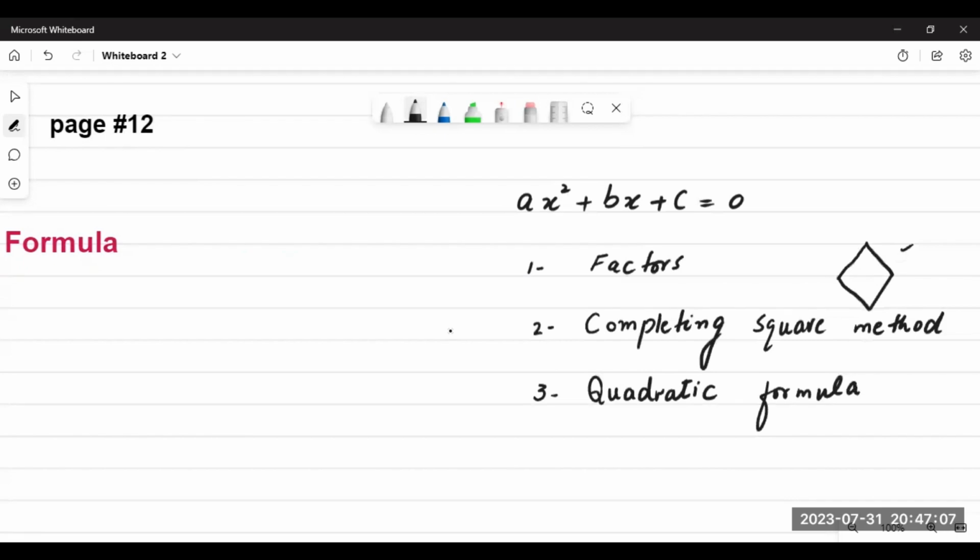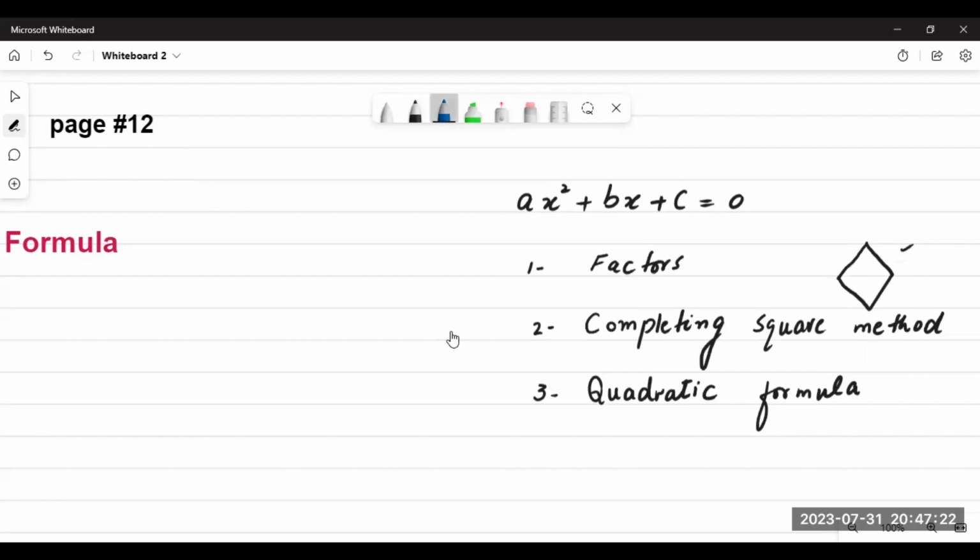Why are we using the quadratic formula? We usually use it whenever the quadratic equation or the quadratic expression cannot be factorized easily. At that time, we go for the quadratic formula.